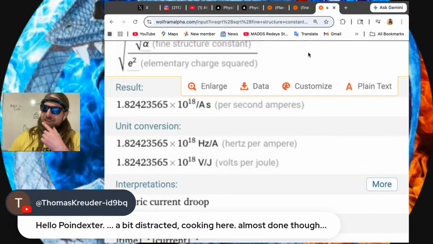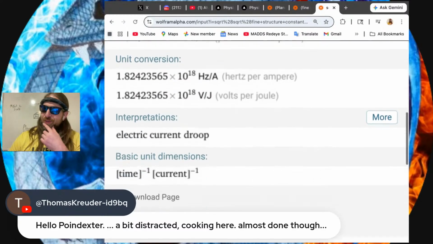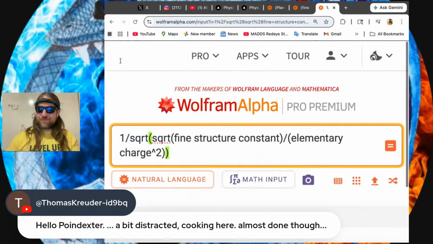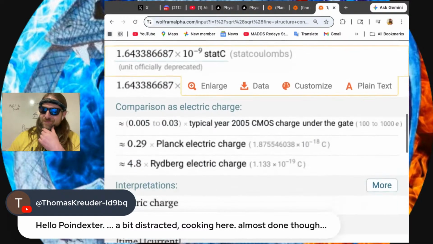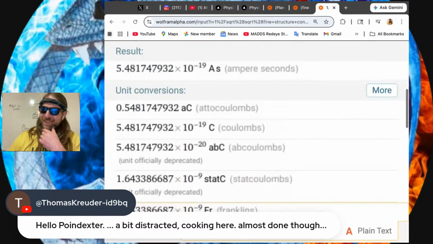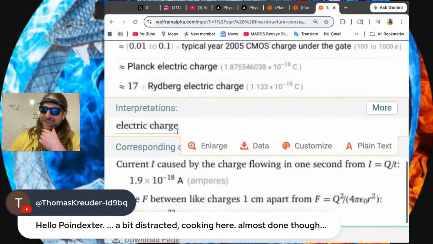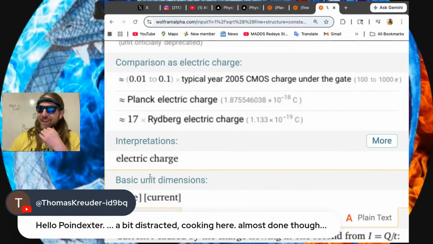No, I was wrong. It's wrong dimensions. Oh, what if I invert it? No, I'm off. Do I not take the square root of that? Oh, okay, I just need to invert the first time.